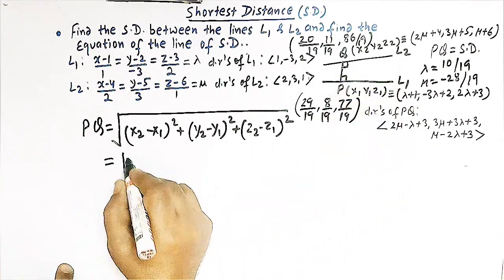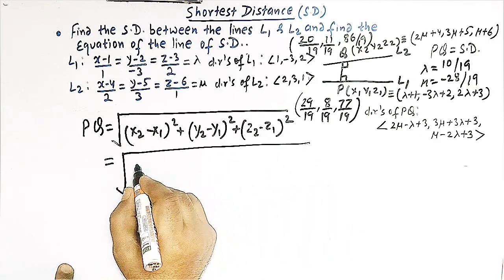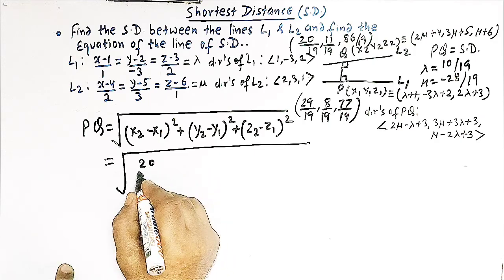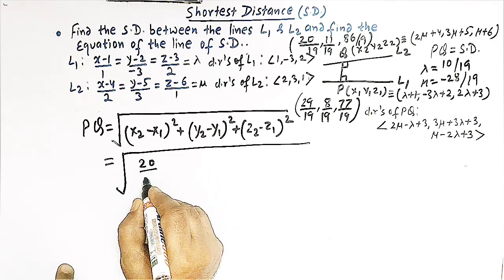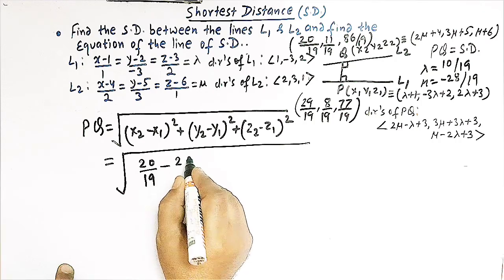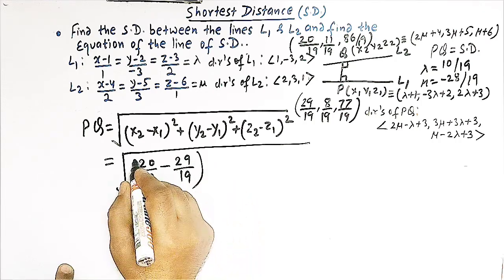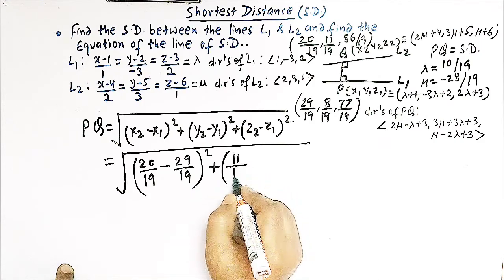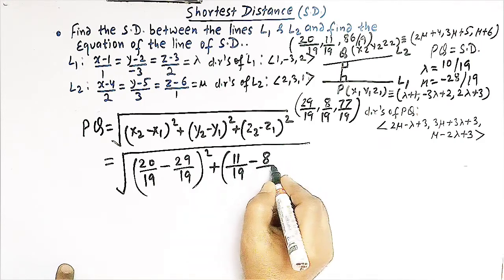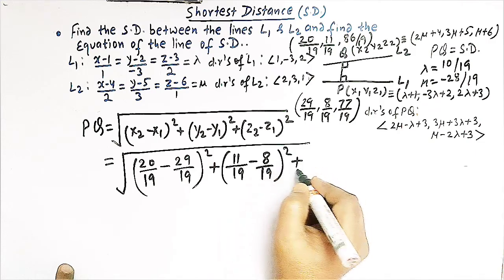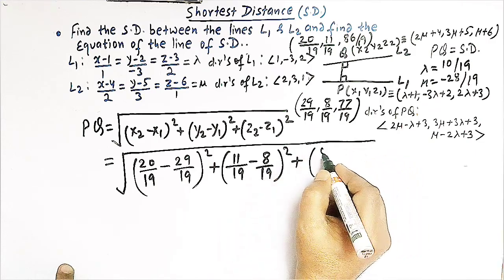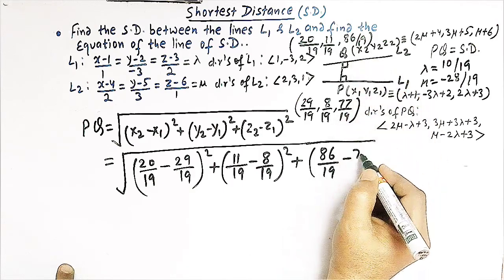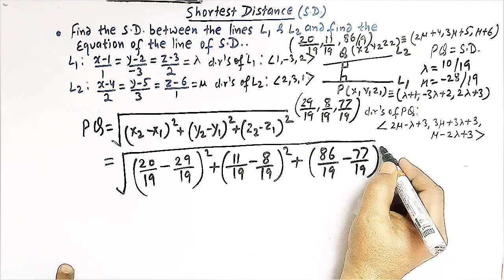So now substituting the values, we have x2 minus x1, so we have 20 over 19 minus 29 over 19 squared, and then we have 11 over 19 minus 8 over 19 squared, and here we have 86 over 19 minus 77 over 19 squared.